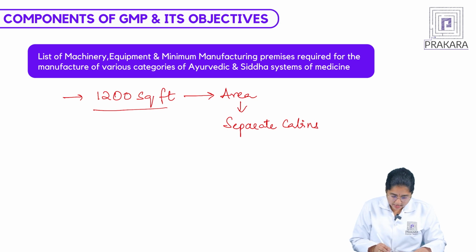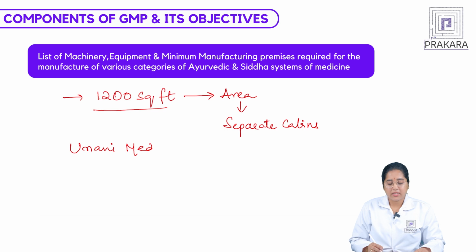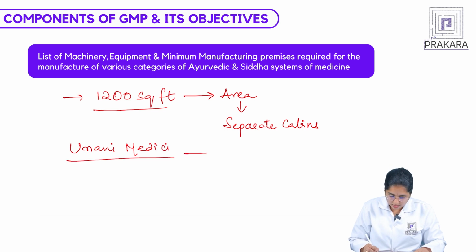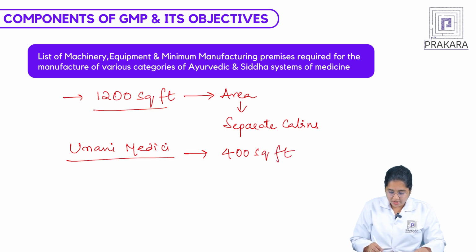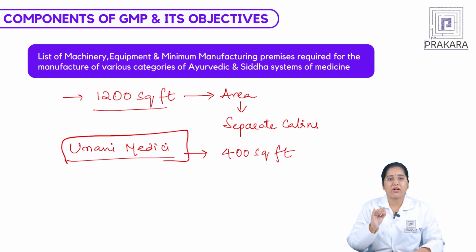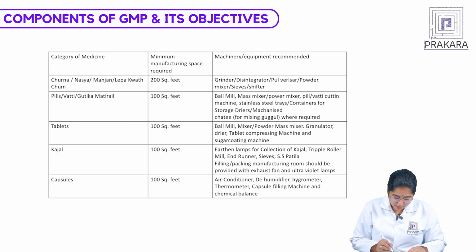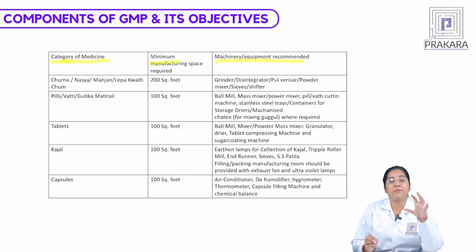If Unani medicines are manufactured, then in the same premises an additional area of 400 square feet will be required. See, in addition, 400 square feet will be required for the Unani medicine. Now we will see what category the medicine belongs to, the minimum manufacturing area required, and what machinery we require for the process, right?